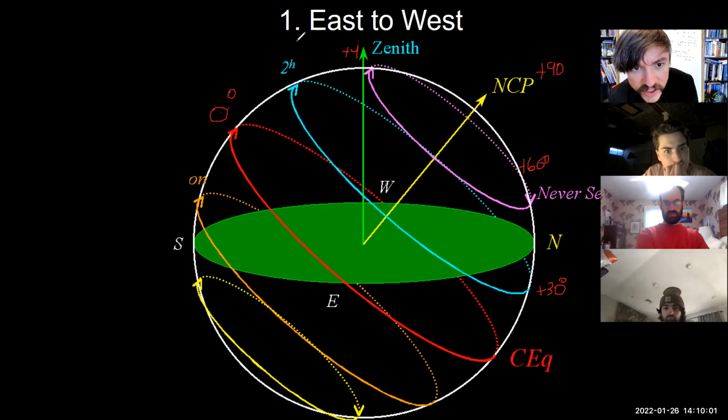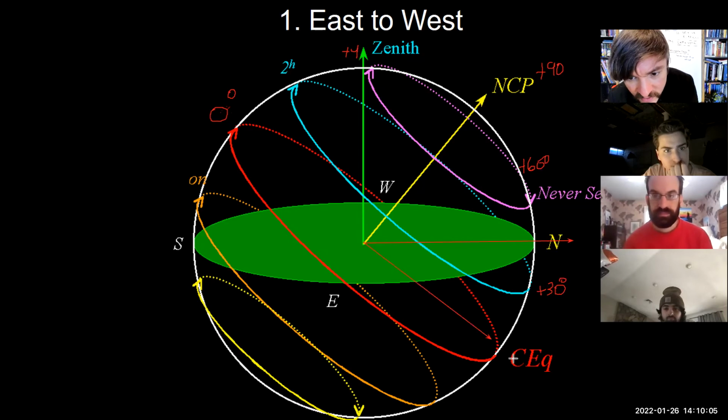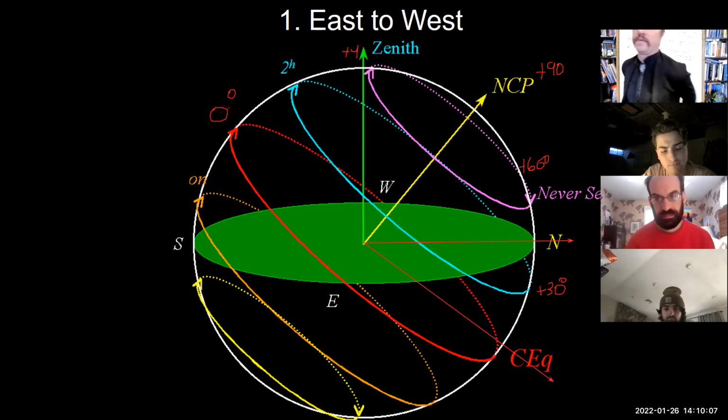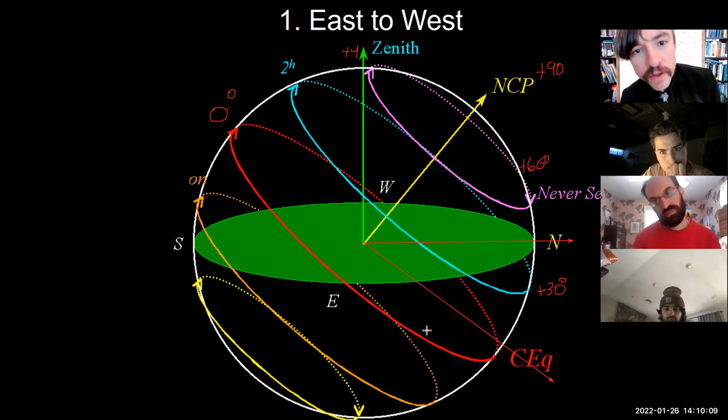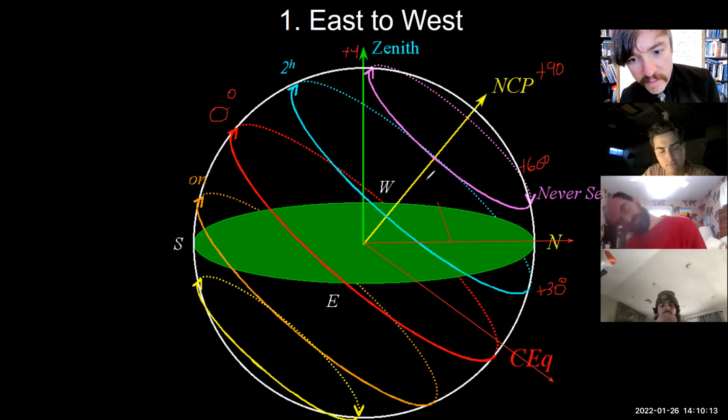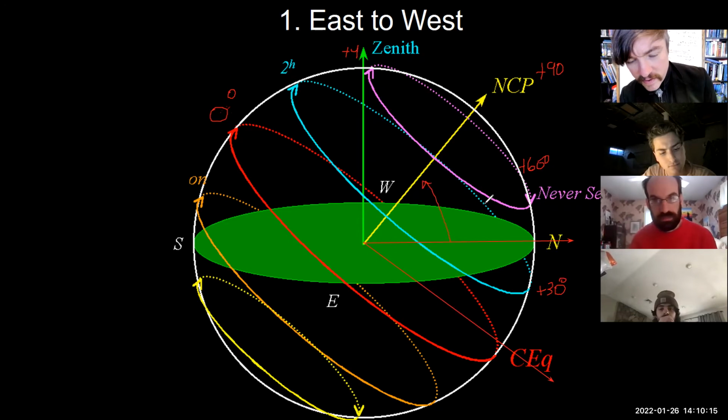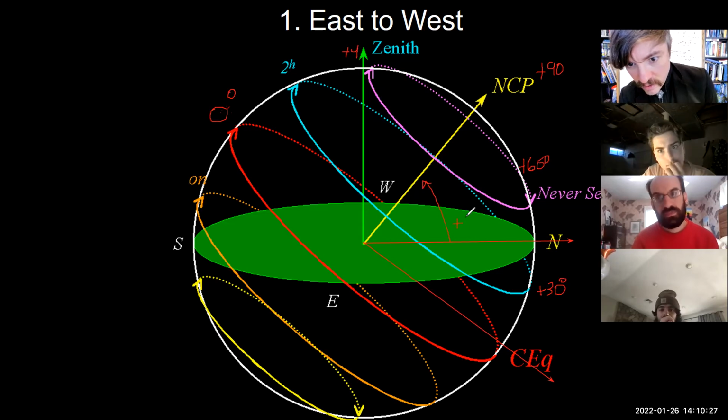The declination of your northern horizon is its degrees above the celestial equator. You know that the altitude of Polaris is equal to your latitude. 42 degrees.